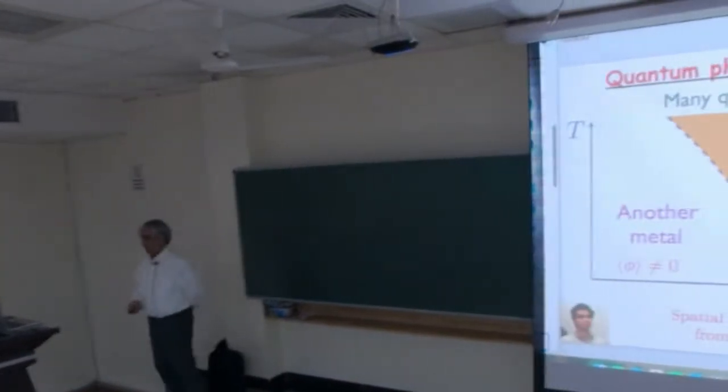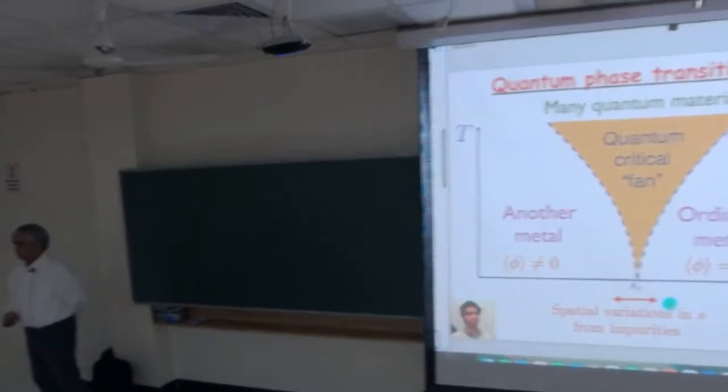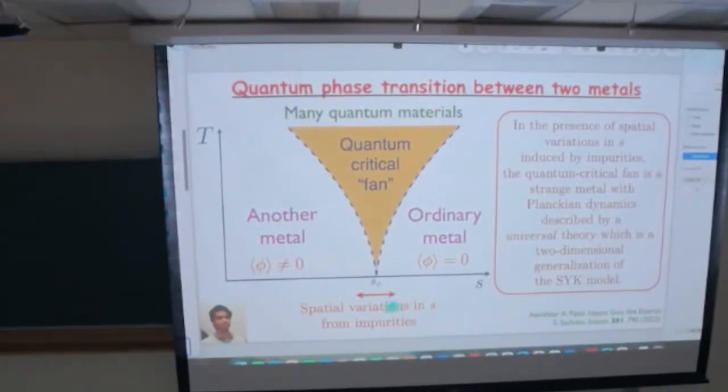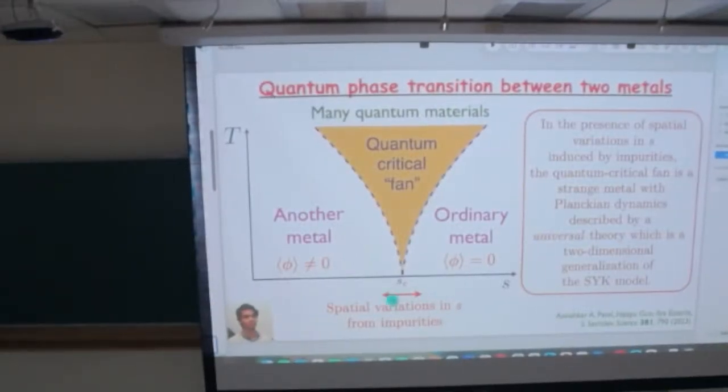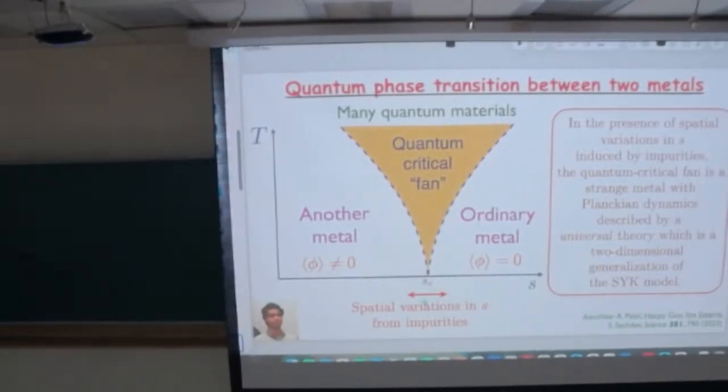But there's another effect. What impurities can do is cause the system to fluctuate on the two sides of the critical point. So one region of the sample could be on the left of the critical point, and another region could be on the right. That's what's called Harris disorder, and it is by far the strongest effect.